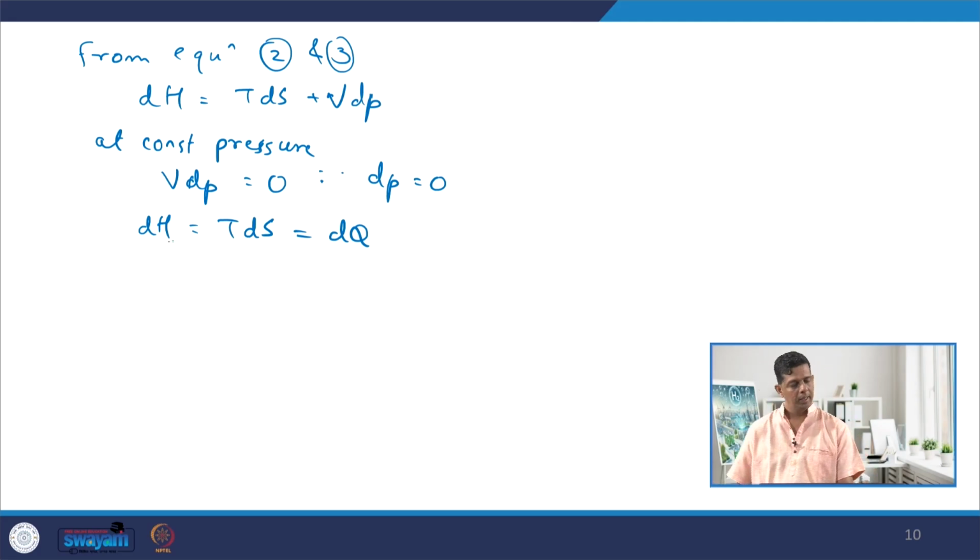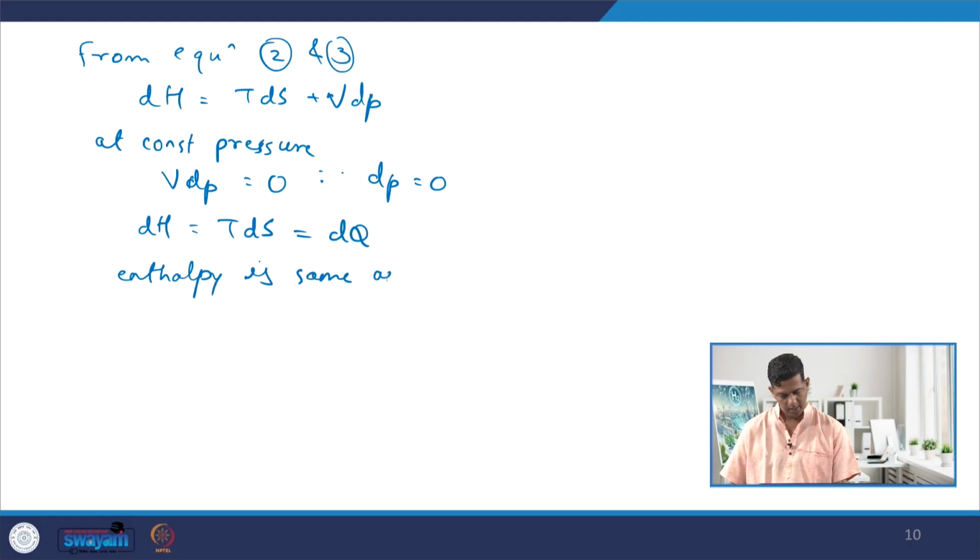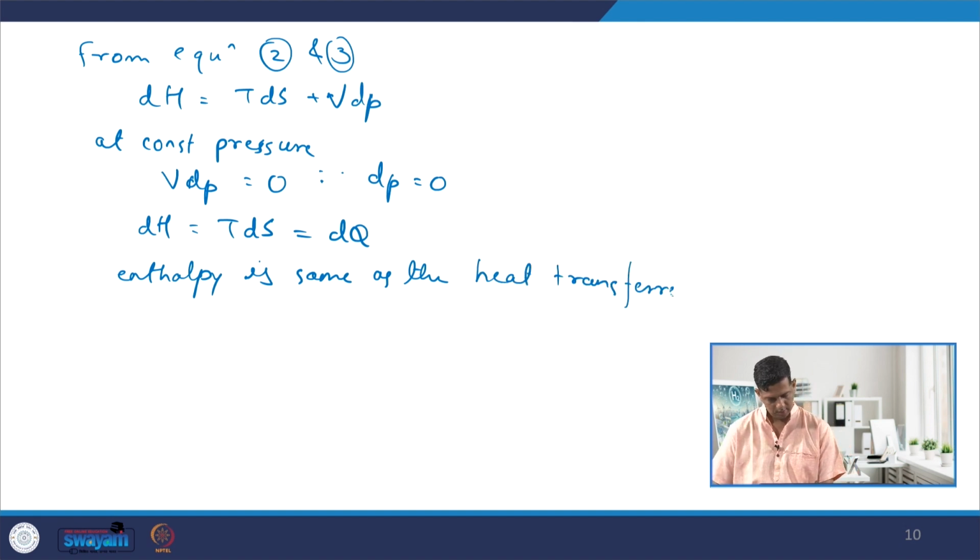It means that enthalpy is the same as the heat transferred in the reversible process.